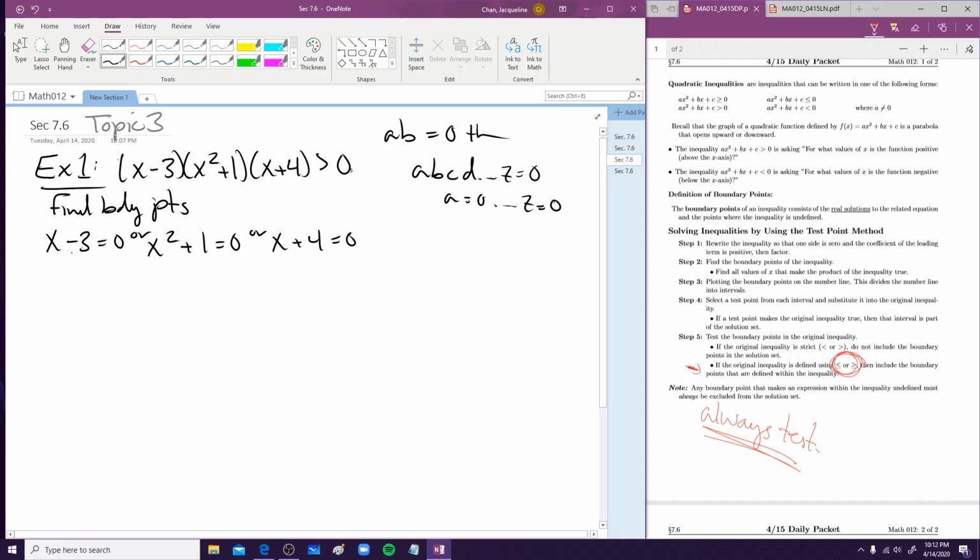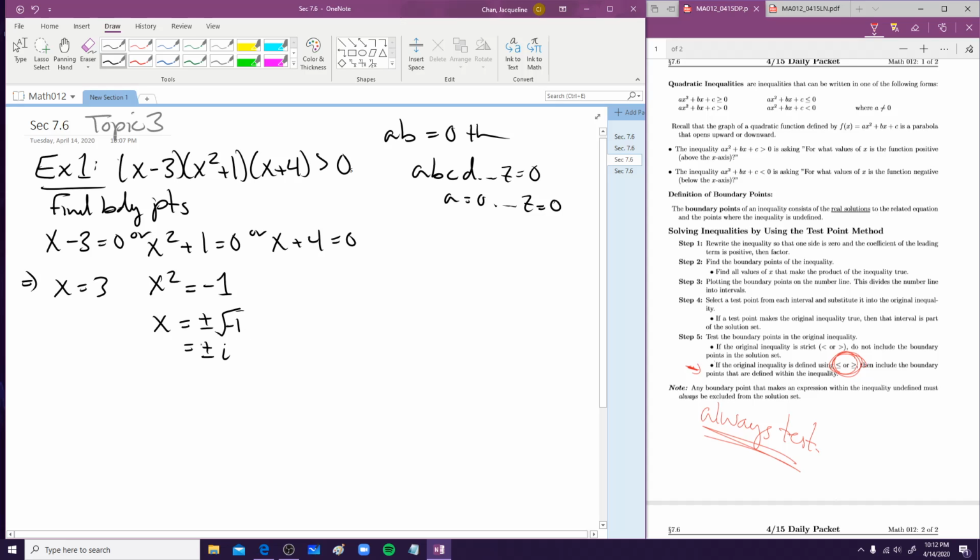Okay, these are ors. So when we solve, we get x is equal to 3. When we solve this one, we'll get x squared is equal to negative 1. And then when we solve this using the square root property, this is x is equal to plus or minus the square root of negative 1. Okay, but if I took this a step further, this is plus or minus i.